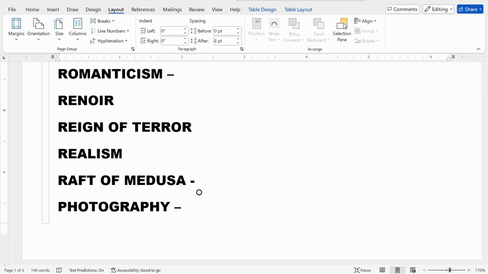Romanticism is on the test. So you should know the characteristics of Romanticism. What was Romanticism about? There were several paintings we looked at by different artists that carried the same theme: the Slave Ship, the Raft of the Medusa, the Greek Revolution paintings.